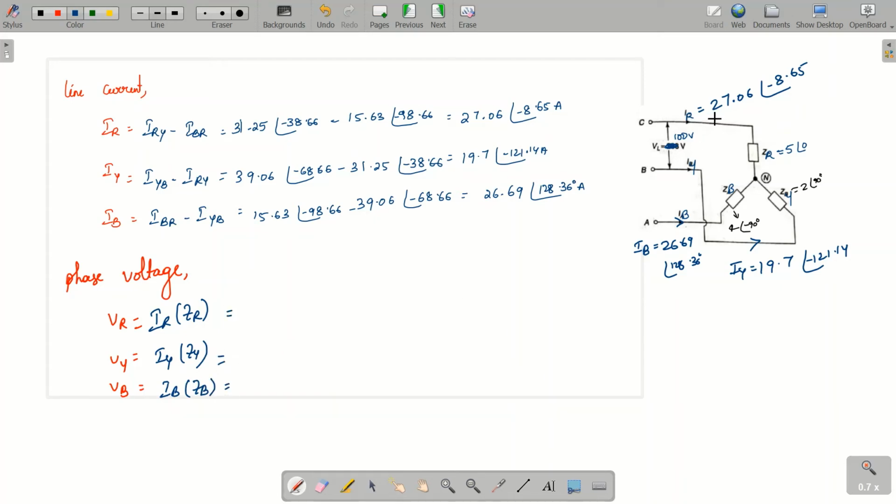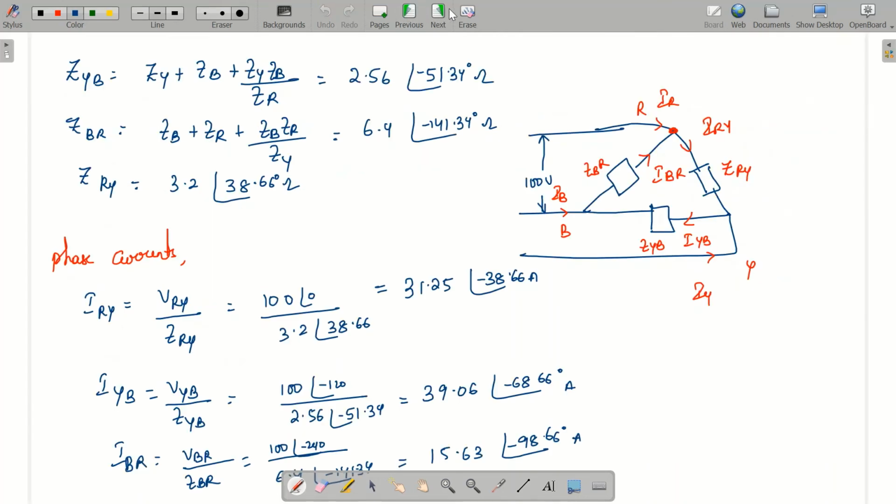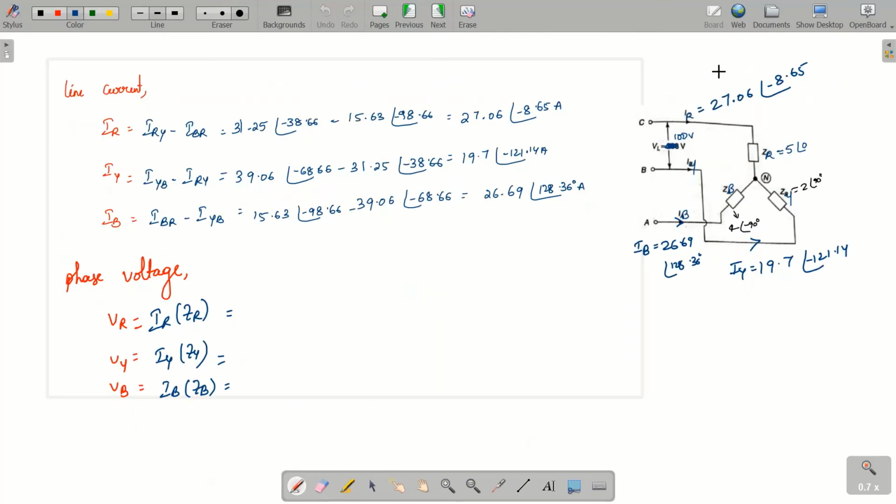Have you understood? The line currents will be the same whether it is star or delta. So this much current is flowing in line R.